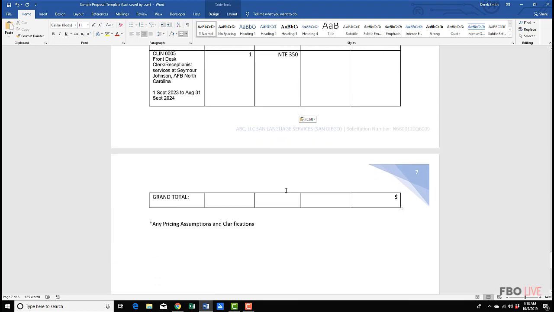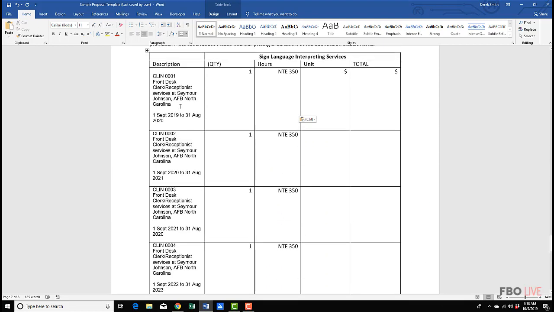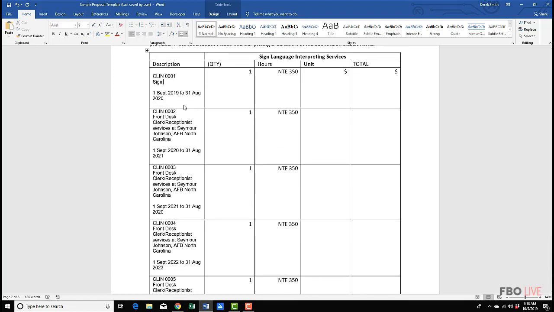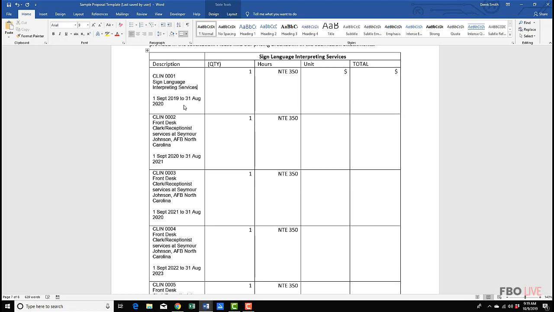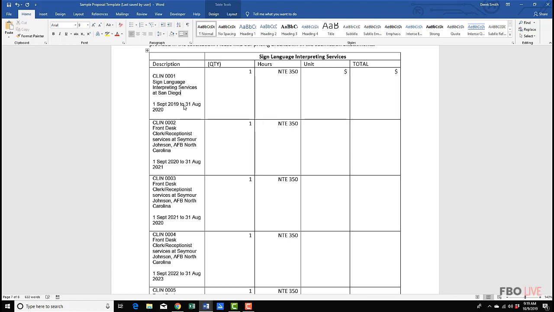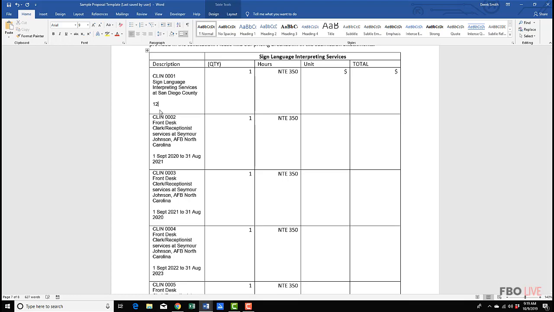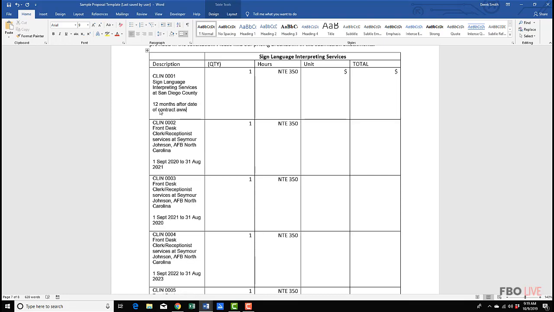And we know the description is sign language. I wonder how many times I've written this. And then the period of performance is 12 months after date of contract award. So we can go ahead and update that as well.